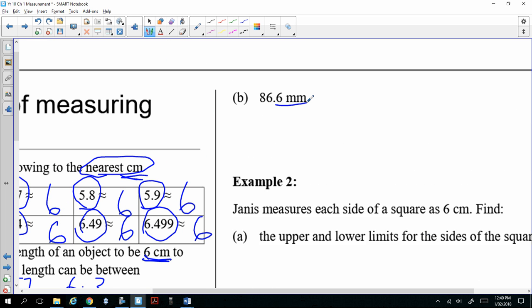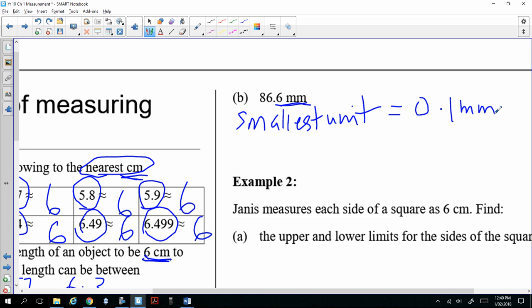So what you need to do is find the smallest unit, which in this case, being correct to 1 decimal place, is 0.1 mm. To get the limit of accuracy, we'll do 86.6 minus 0.5 times 0.1. You can use your calculator.